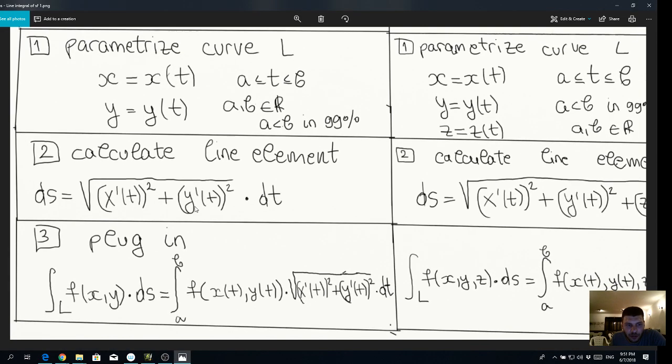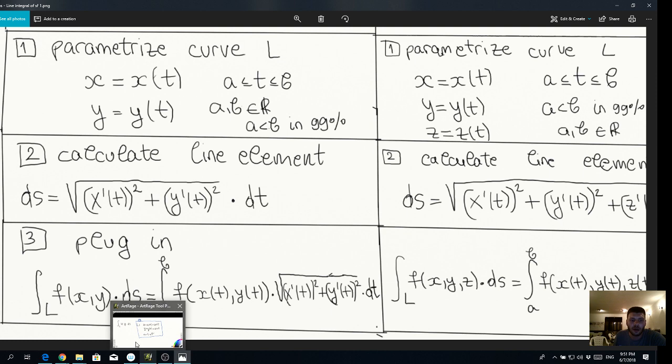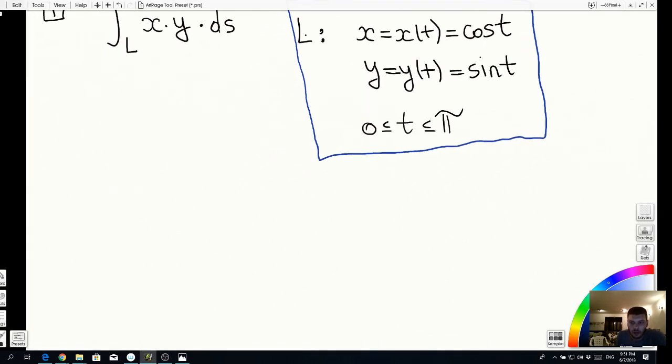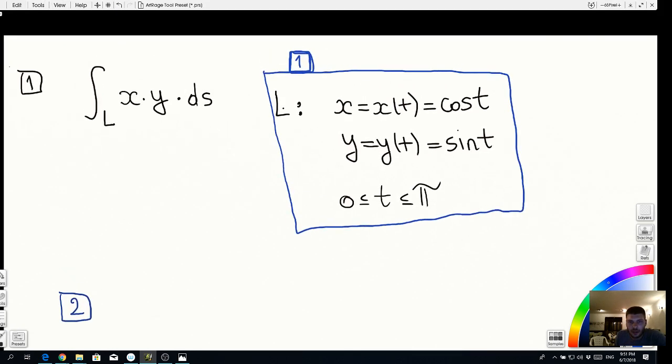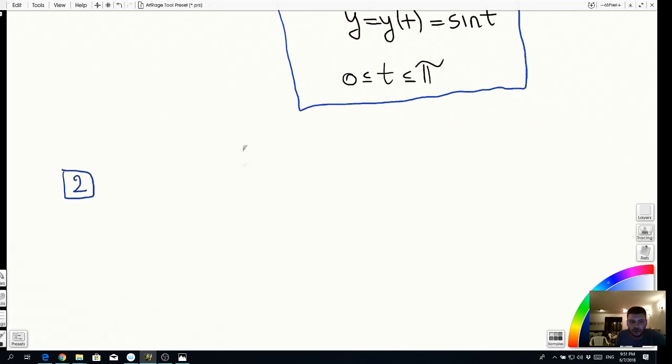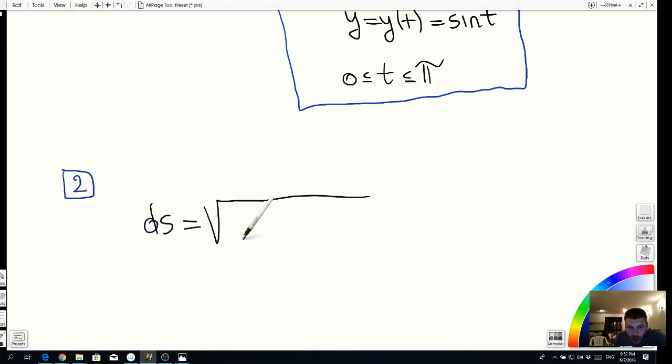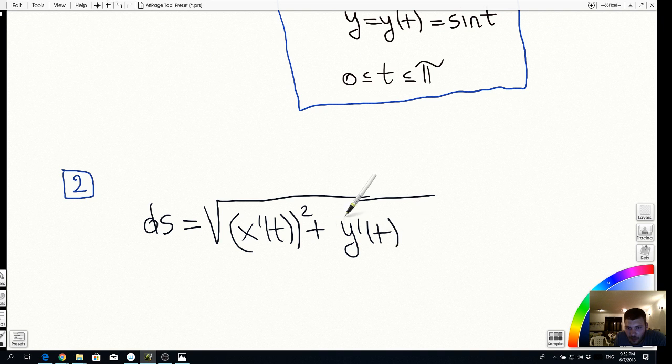Okay, second step is to calculate line element ds. Second step is to calculate line element. ds is equal to square root of derivative of x squared plus derivative of y squared times dt.